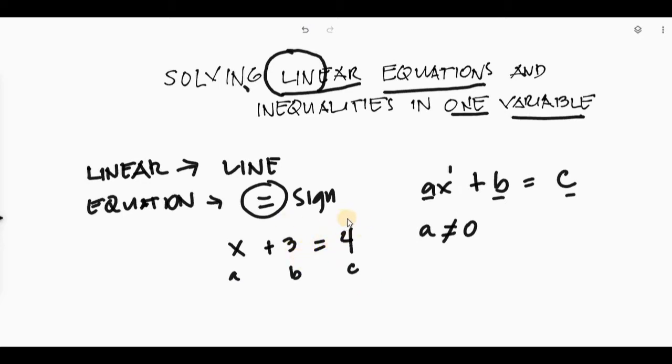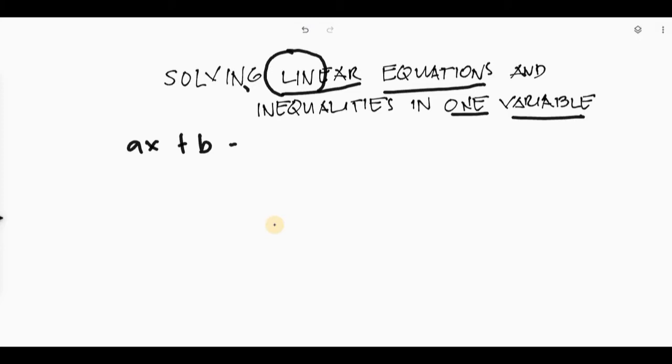This is our right side of the equation and this is our left side equation. Kasi importante yung which side the term belongs. Okay? So, let's proceed. So, again, ang linear equation natin, standard form, can be written as ax plus b equals 0.